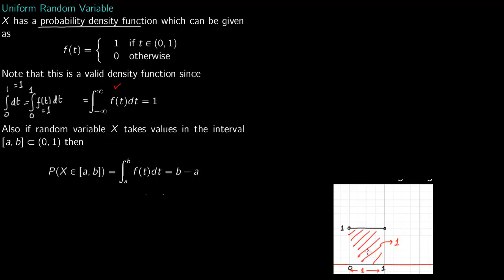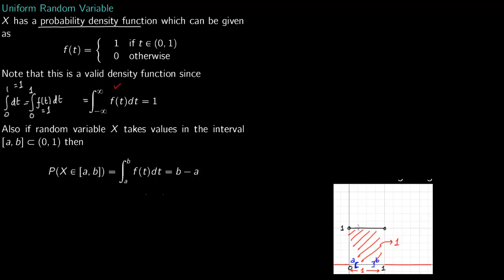Now in case you take an interval inside 0, 1. So you choose some interval. Now we will take a closed interval from a to b, which is inside this interval 0, 1. Then the probability that X lies between a and b, that is, the random variable X lies in this interval, is given as the integral from a to b of f of t dt.